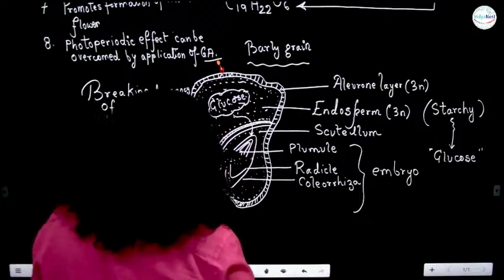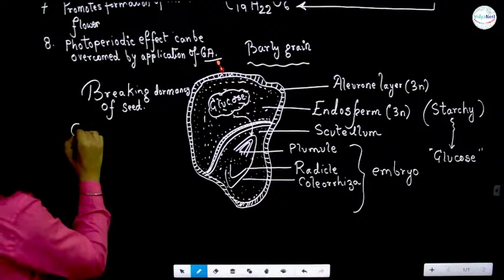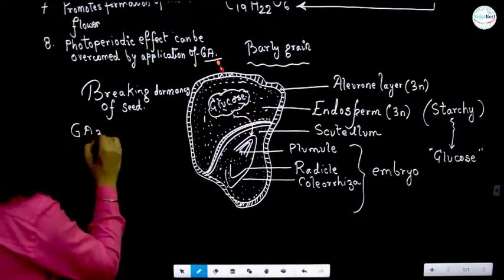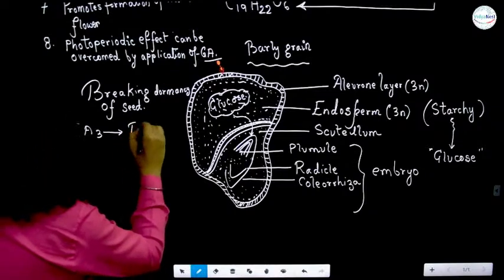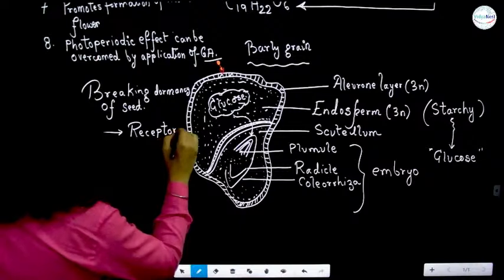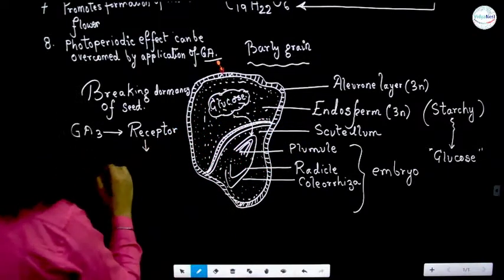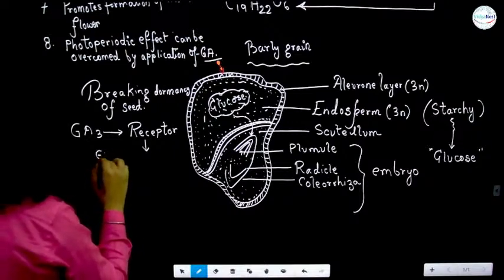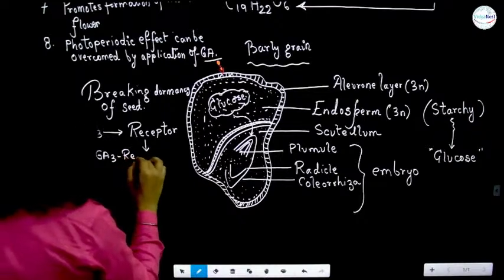And first what will happen? The gibberellin GA3 will establish contact with the receptors present on the aleurone layer. That means GA3 receptor complex.